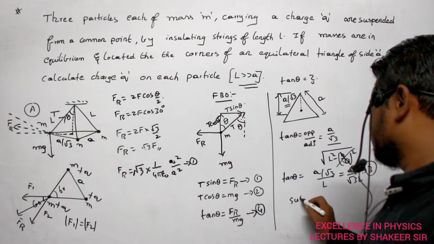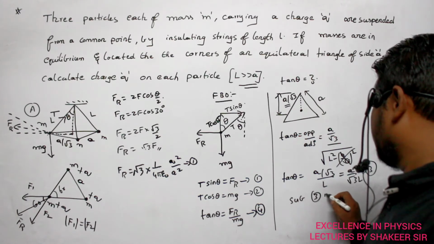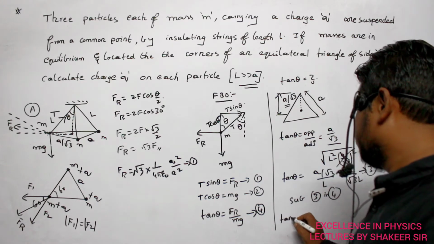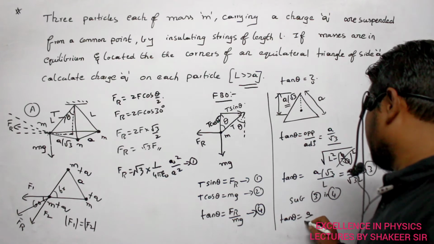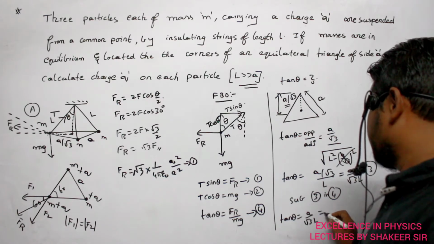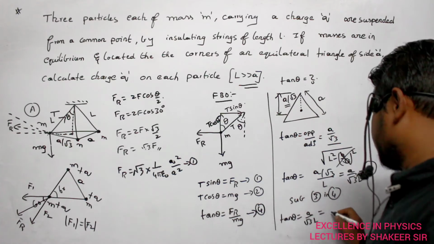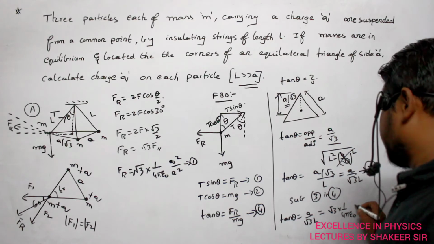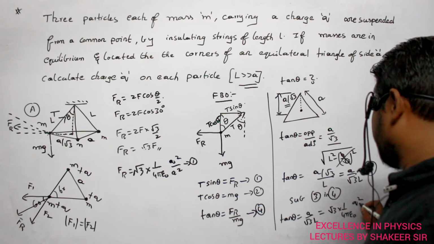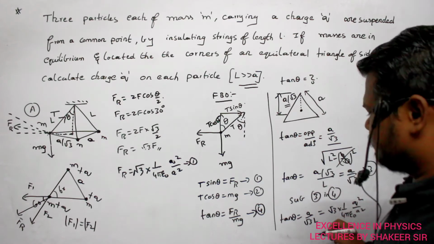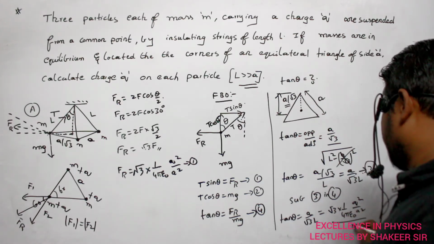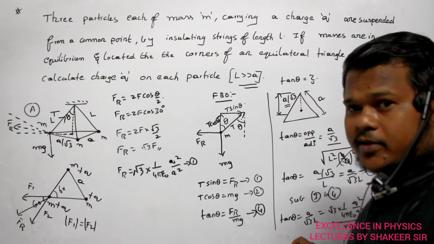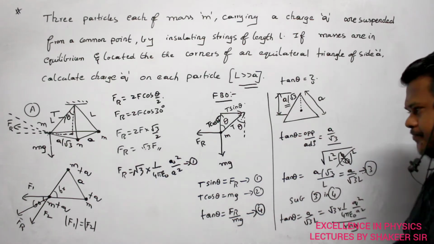Then substituting 3 in 4, I will get tan theta equal to A by root 3 into L, which equals the resultant force, which is root 3 into 1 by 4 pi epsilon naught Q square divided by A square, divided by mg. So from this value you calculate the Q value. That should be our answer.